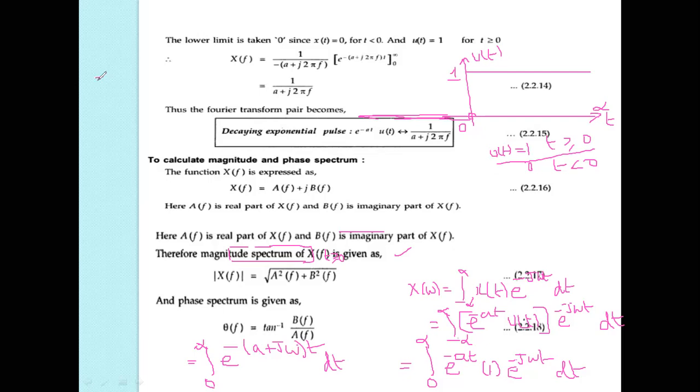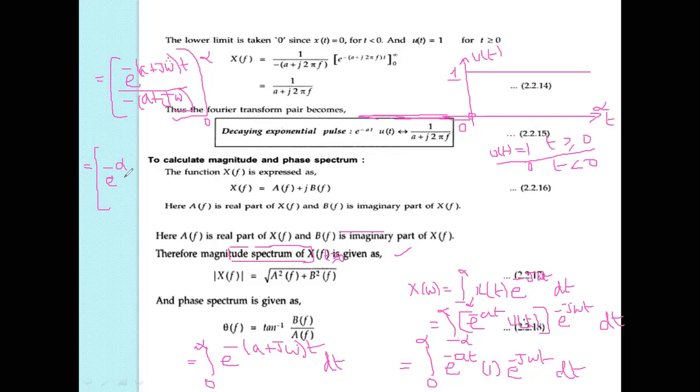So after applying the integral, we get e power minus of a plus j omega into t, whole divided by minus of a plus j omega, with the upper limit infinity and the lower limit 0. Okay, so now in the numerator, e power minus a plus j omega into t is e power minus infinity.